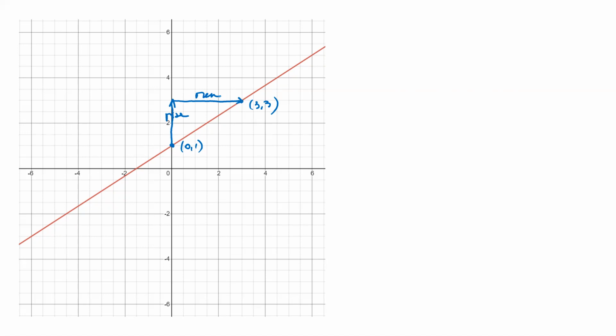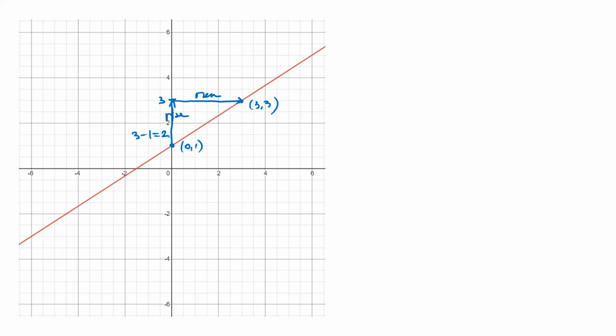So the question is, how can I relate the coordinates of the points to the rise and to the run? What is clear to me is that the rise, 2, is actually equal to the difference of the y coordinates of my points, because 2 is equal to 3 minus 1, right? So that's how I can relate rise to the coordinates.